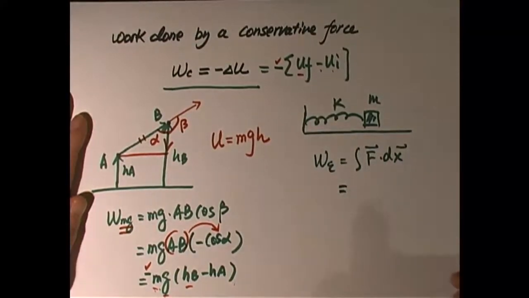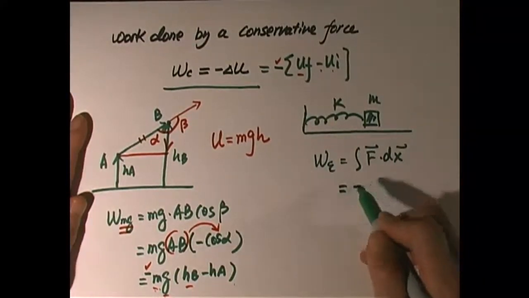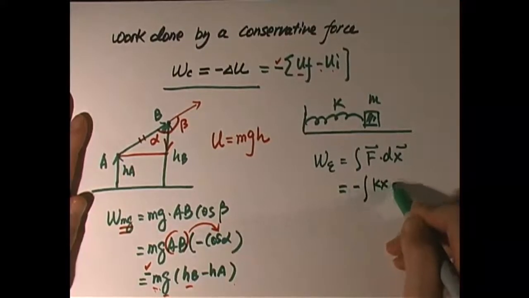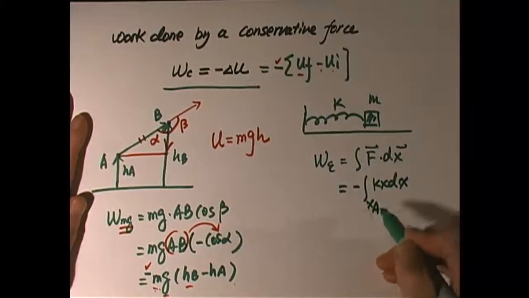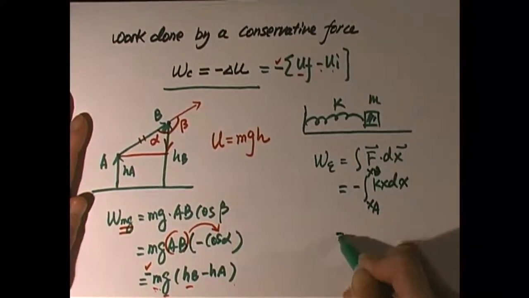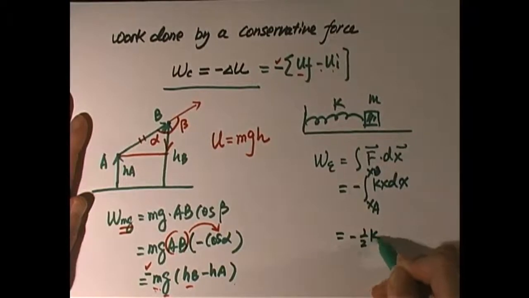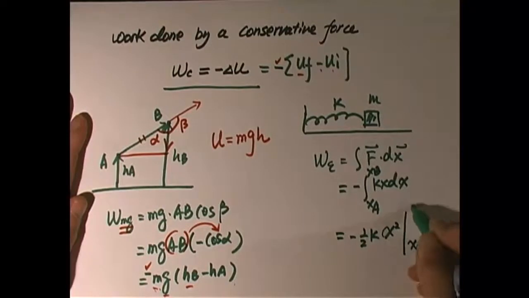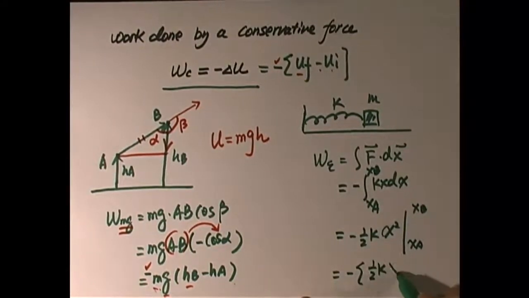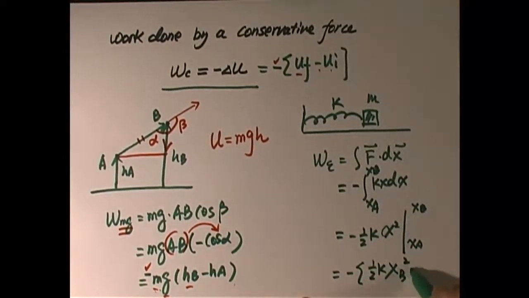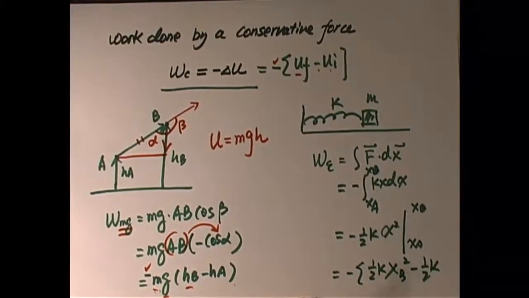Since elastic force is always in the opposite direction to displacement, it is negative, of magnitude kx dx, and from position x of A to x of B, negative 1/2 k x squared is the result, from xa to xb. Okay, now leave this negative sign outside, and then we have 1/2 k x, the final is b, squared minus 1/2 k of initial x of A squared.